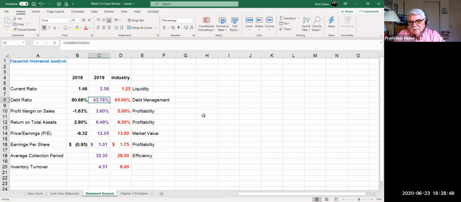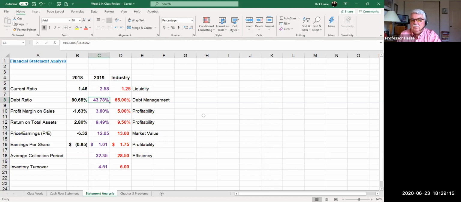If you use that money to pay off existing debt and not to create new assets and new growth, that's going to hurt down the road. So yes and no as far as debt management. Usually you use your profits and the cash flow from operations to help you pay off your debt. In this case, this company used common stock.